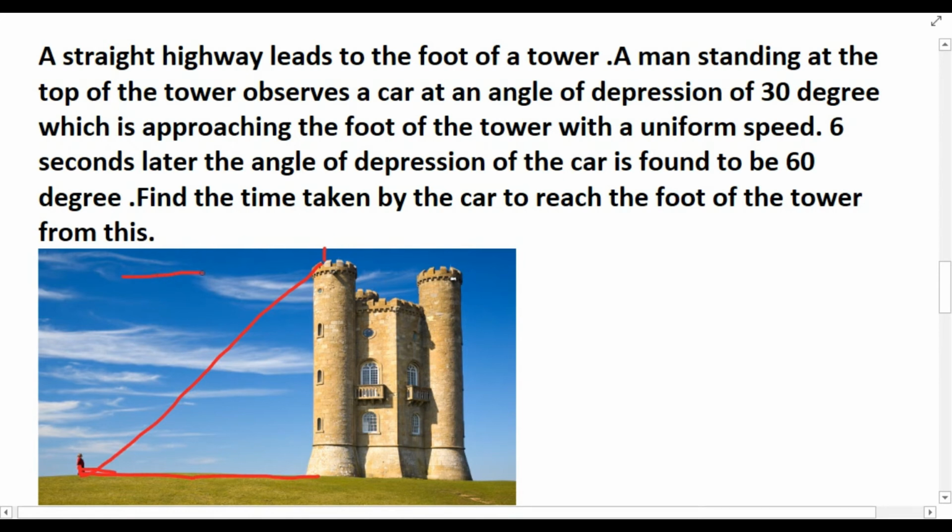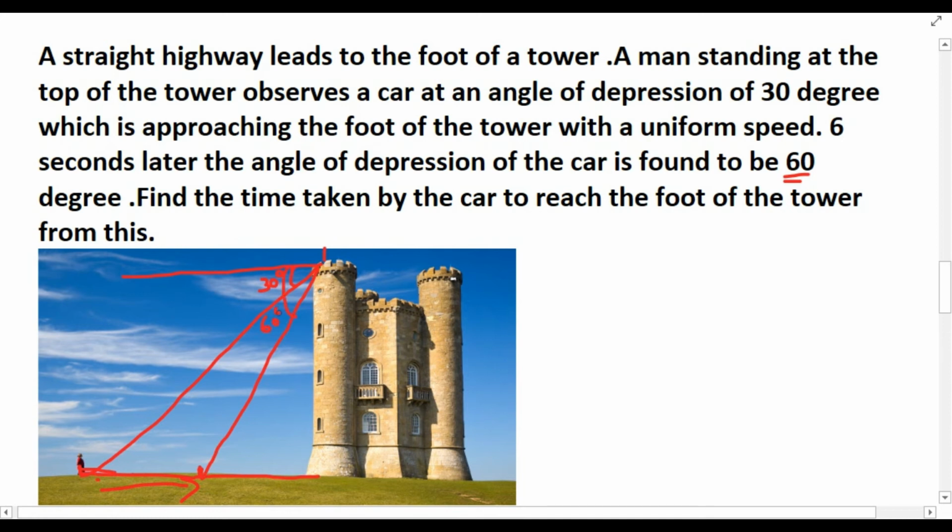Suppose this is the horizontal and angle of depression is 30 degree, and the car is approaching the foot of the tower with a uniform speed. 6 seconds later, the angle of depression of the car is found to be 60 degree. After 6 seconds, suppose the car is at this point, then the angle of depression at that time is 60 degree.